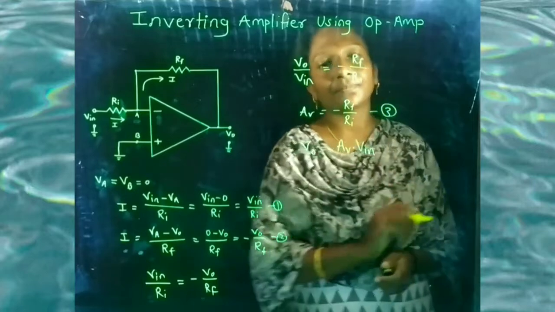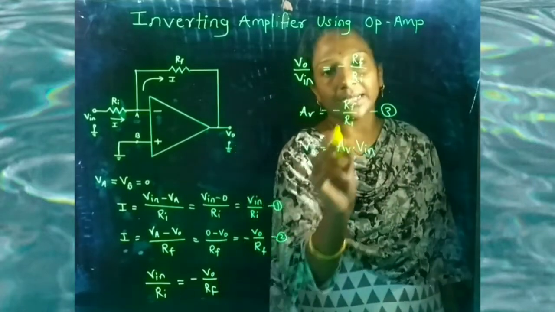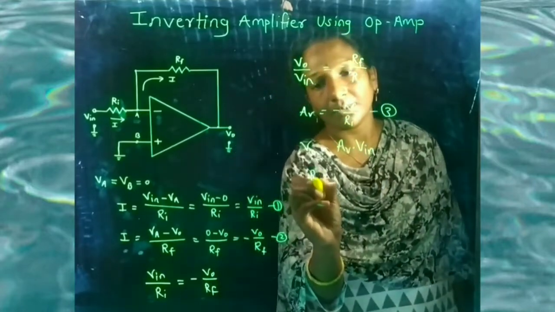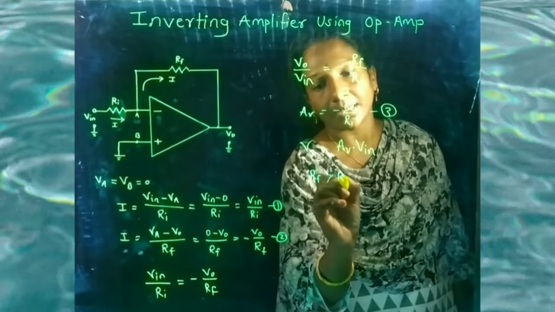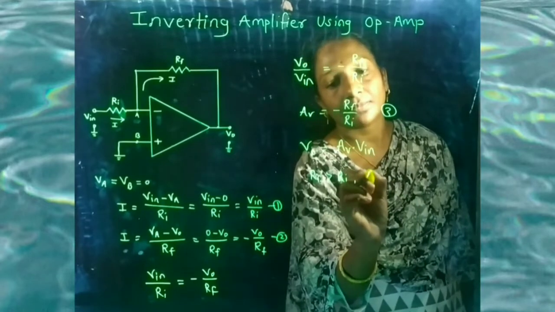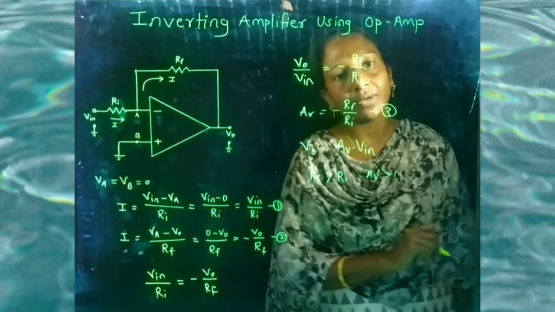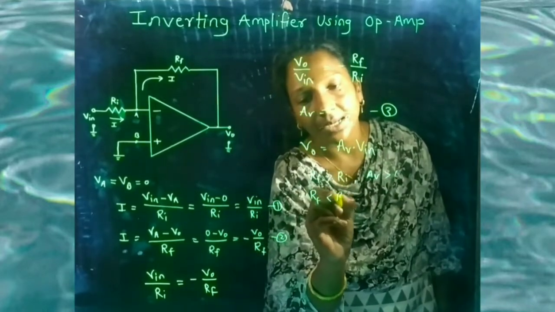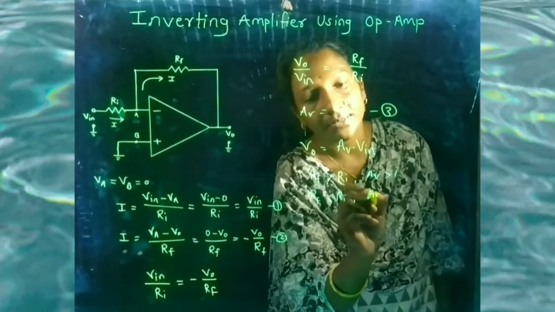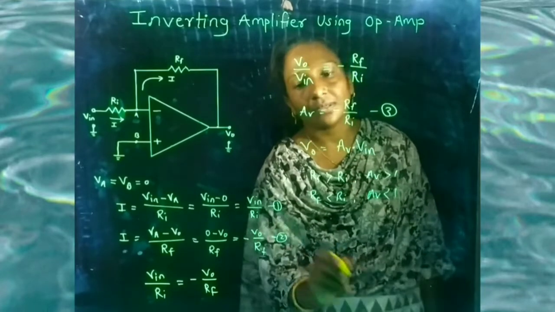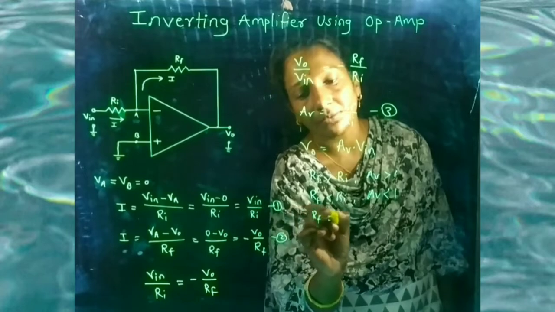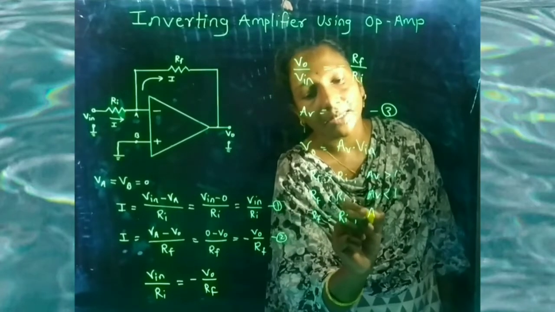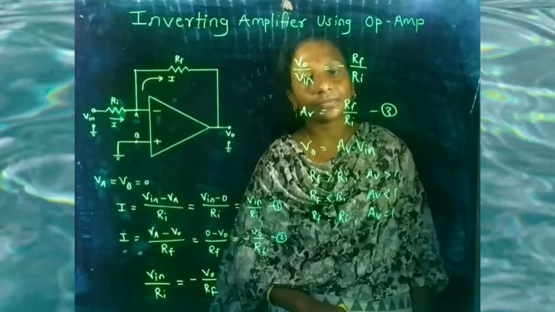Equation number 3. If Rf is greater than Ri, then gain is greater than 1. If Rf is less than Ri, then gain is less than 1, and if Rf is equal to Ri, then gain is equal to 1.